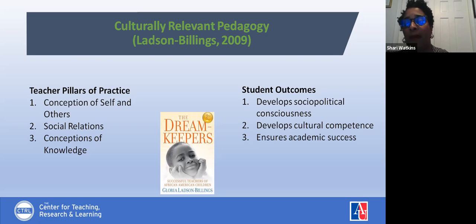With culturally relevant pedagogy, how do we help students to develop cultural competence? Cultural competence has to do with helping students to recognize and honor their own cultural beliefs and practices, while also acknowledging and acquiring knowledge of others.